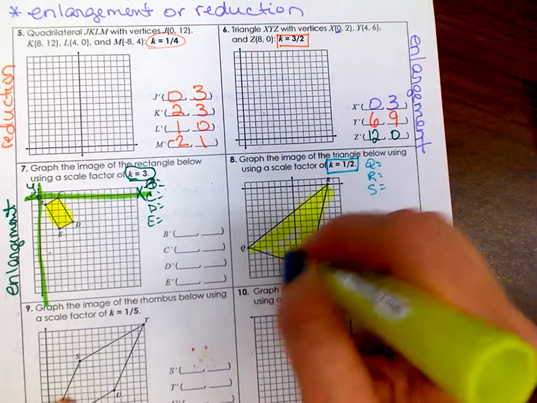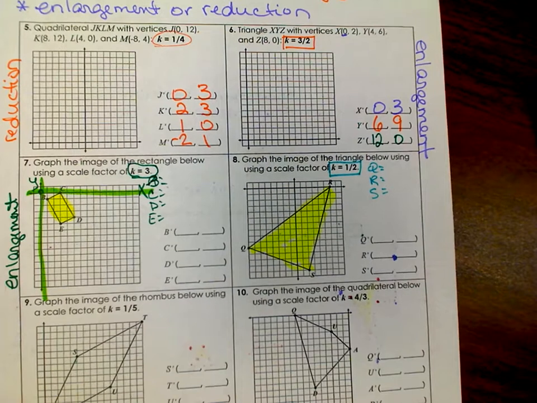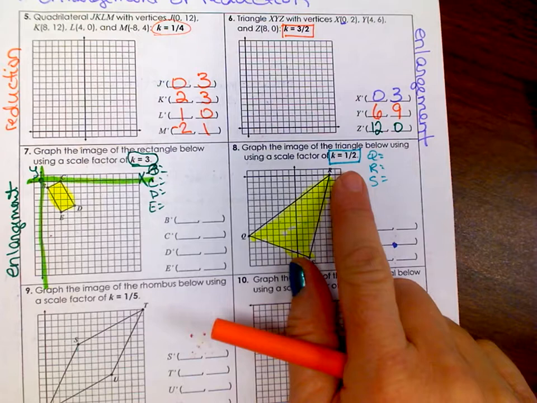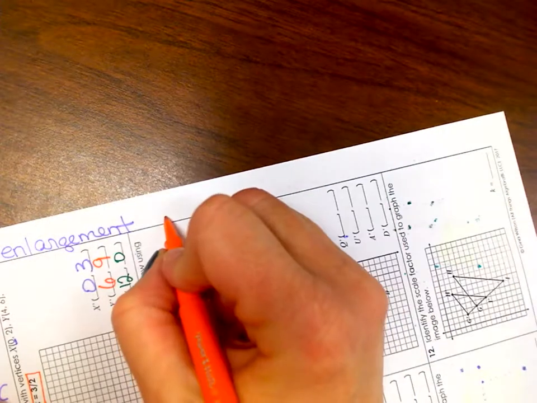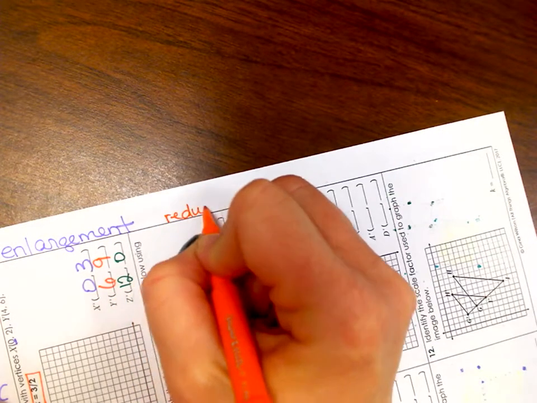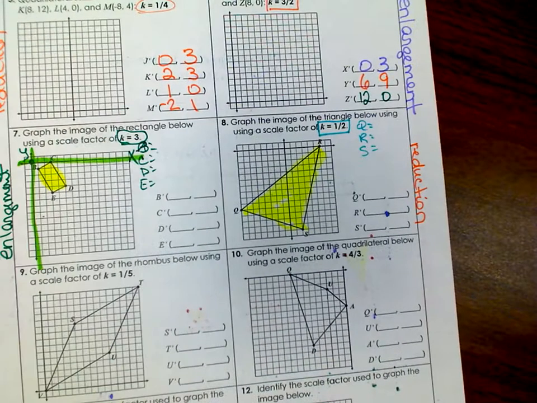Highlight your original figure. Since I know that my scale factor is 1/2, it should be a smaller triangle. It's a reduction. Similar figure, same shape, different size.